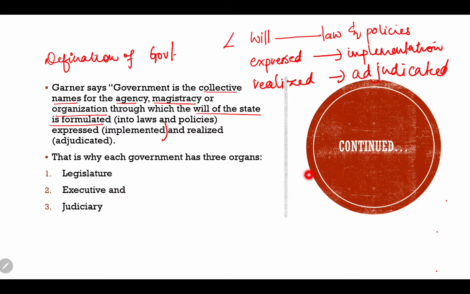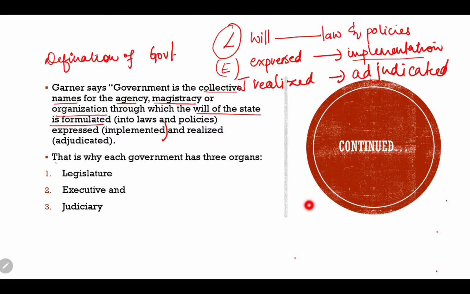Legislature is the body that formulates laws and policies, and executive is that body of a government which executes the law, means implements the law. Realize means, if that policy is good or bad, and if there are certain issues that need to be solved within the state, they are dealt with by this one.